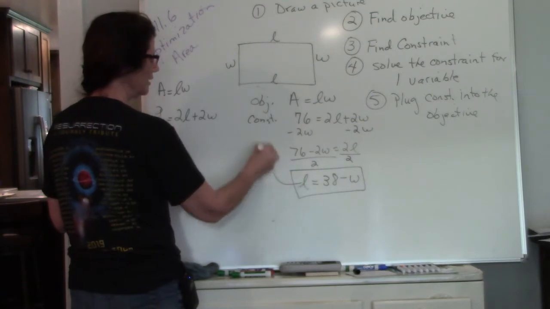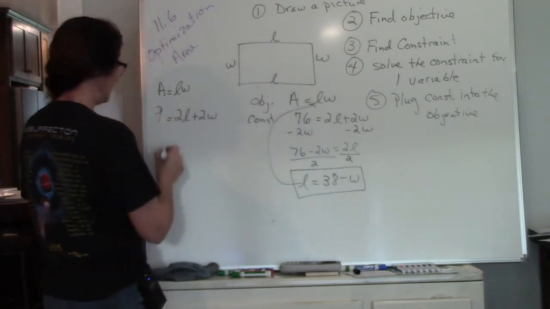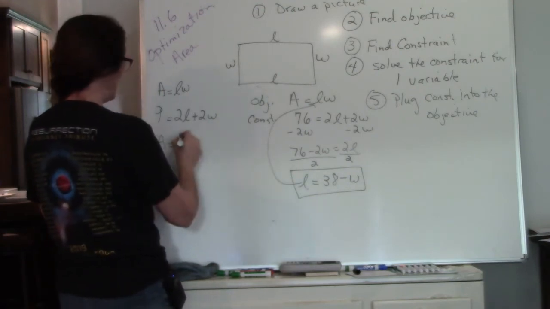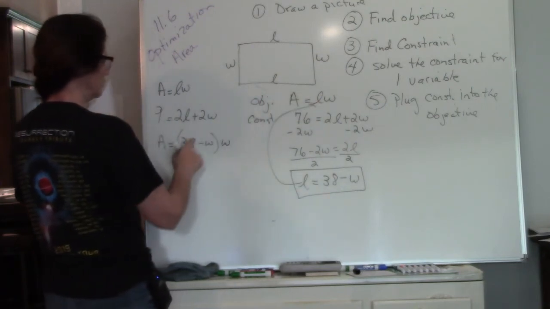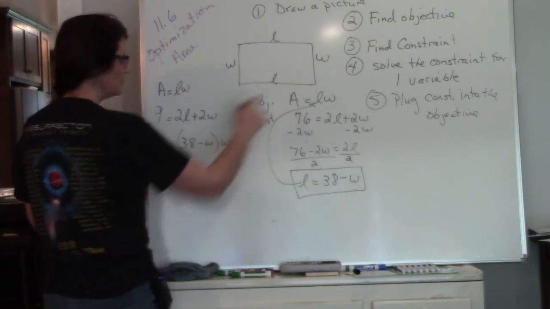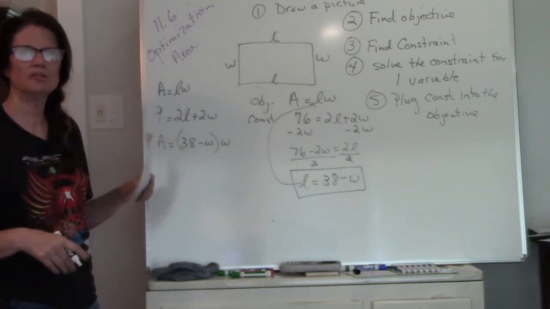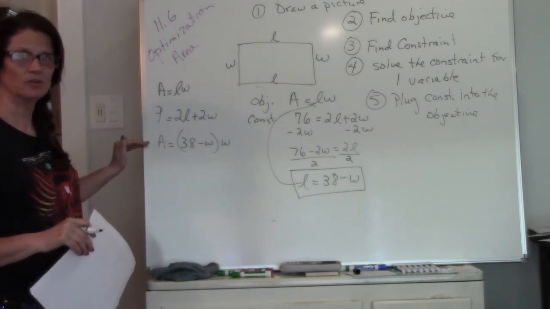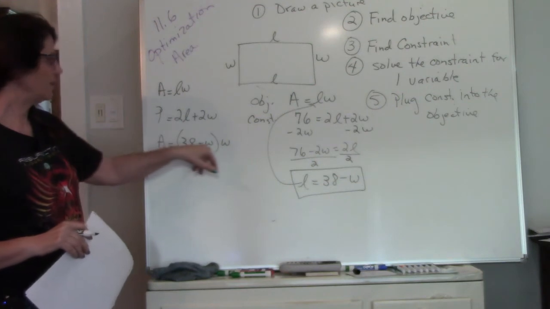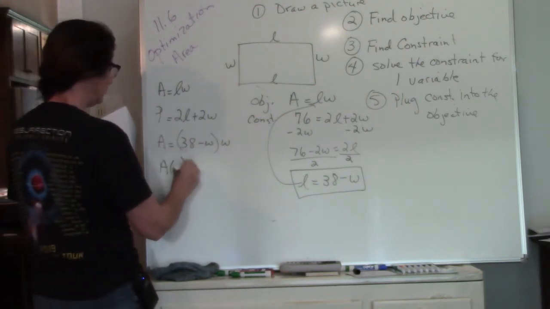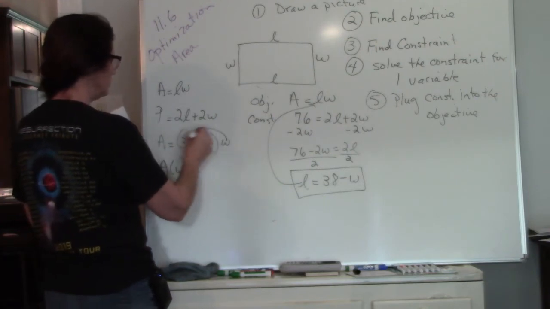I'm going to plug this into my objective. So my objective function is area equals my length, which is 38 minus w, times my width. So I still have my objective, length times width, but now my constraint is plugged into the objective. Okay, so from here on out, you guys are golden. We have area in terms of w. Okay, so I'm going to rewrite this area in terms of w. I'm going to distribute this w through.